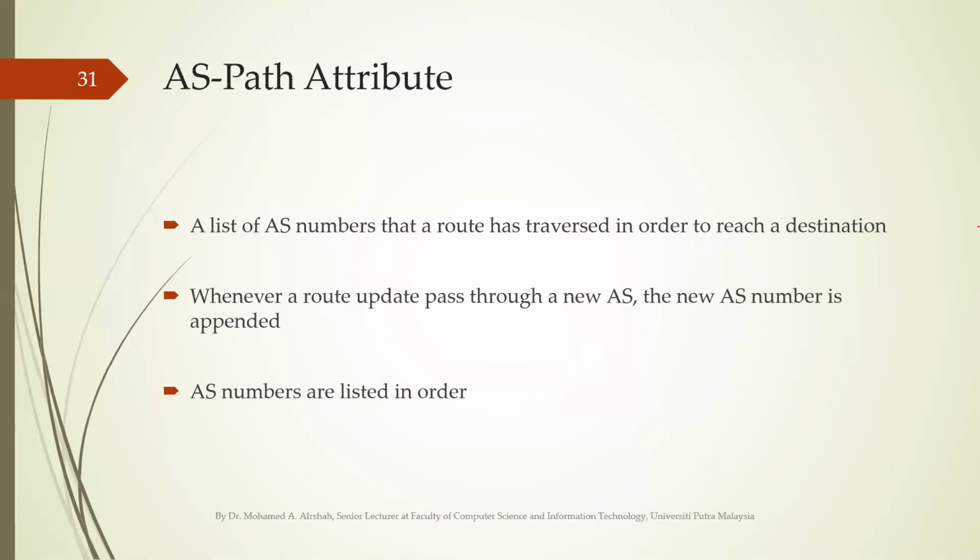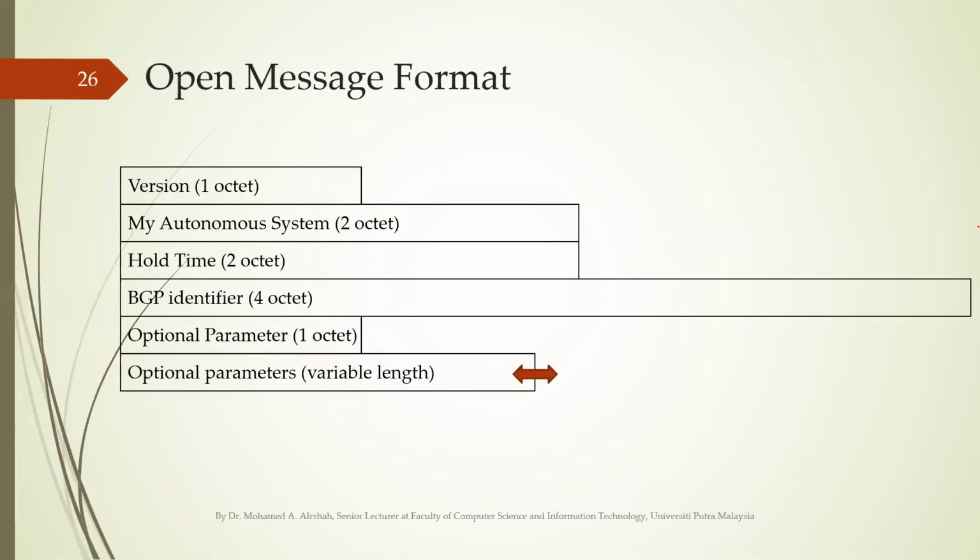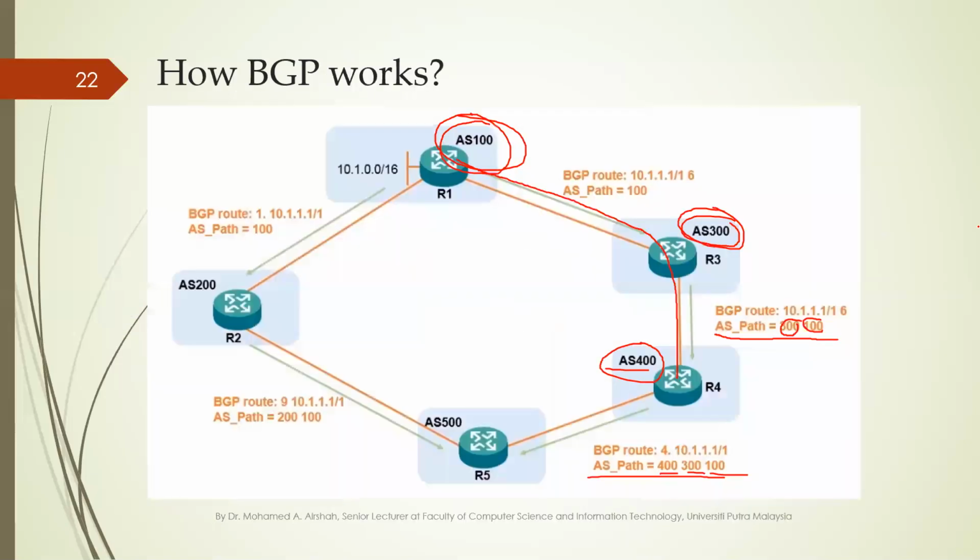Whenever the packet goes through the BGP router, the autonomous system number of that router will be appended to the AS path. So AS numbers are listed in order, as I mentioned, as you can see here. So the last is the first. The last router is the first.